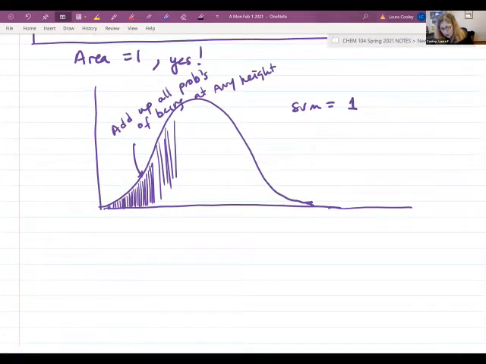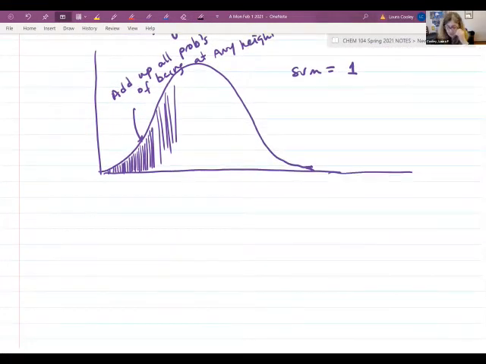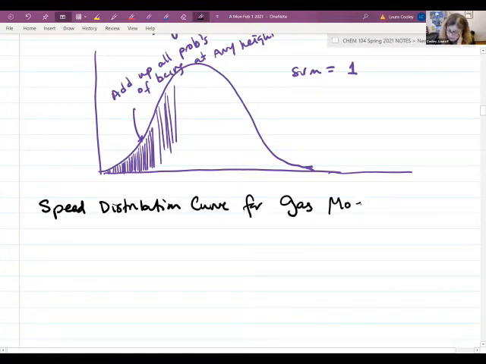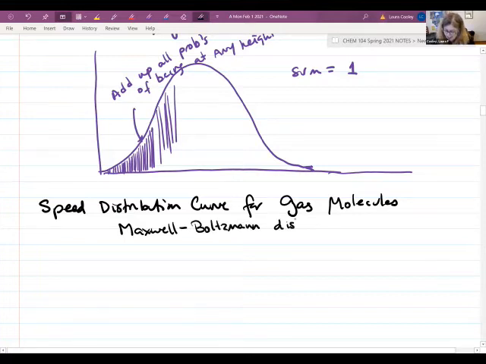And what I'd like to talk about, of course, isn't the height distribution curve. I want to talk about the speed distribution curve for gas molecules. And this actually has a name. It's called the Maxwell Boltzmann distribution of molecular speeds. Boltzmann is one of my favorite scientists. But you don't need to know the name of it.